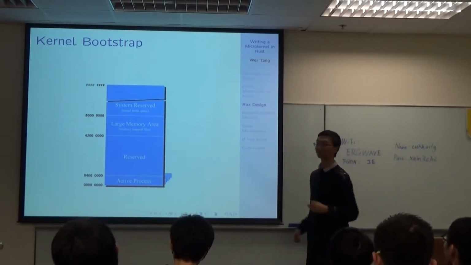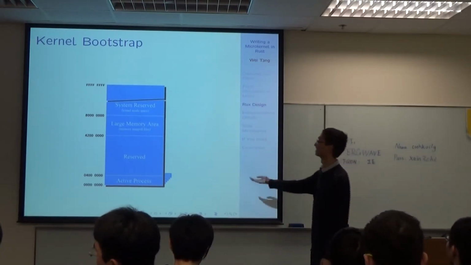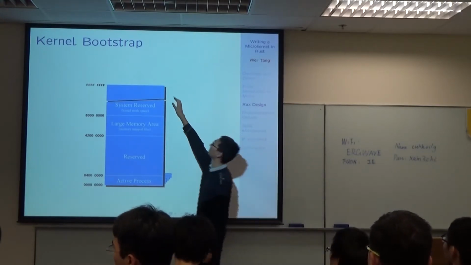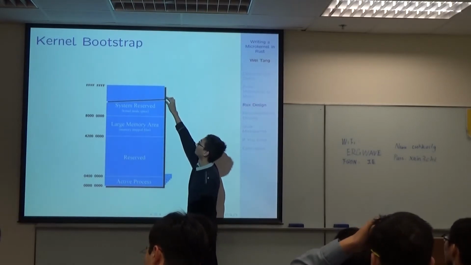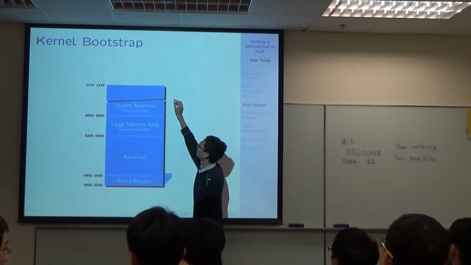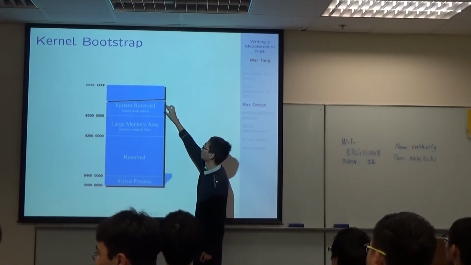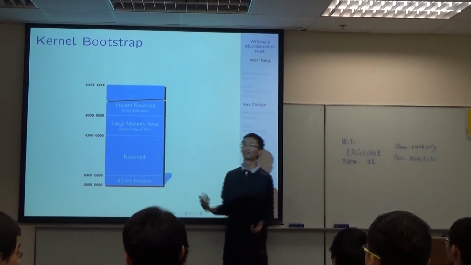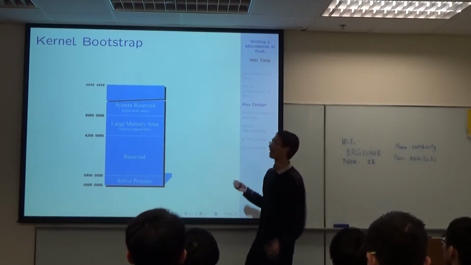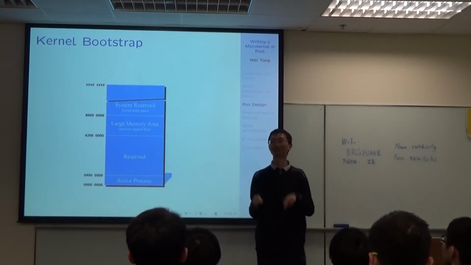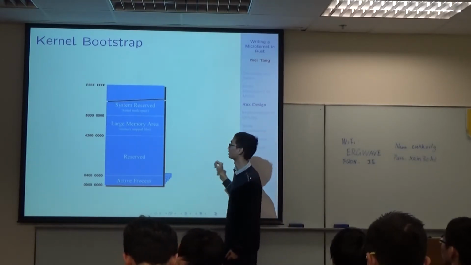But fortunately, the boot information already gives me all the things I need. It tells me that in the beginning there is a memory region that is free, and then it tells me this is reserved, and it tells me where the kernel starts, some ELF information, and then it sends me an address of where the boot information actually is, and inside that boot information I get how long the boot information block is.